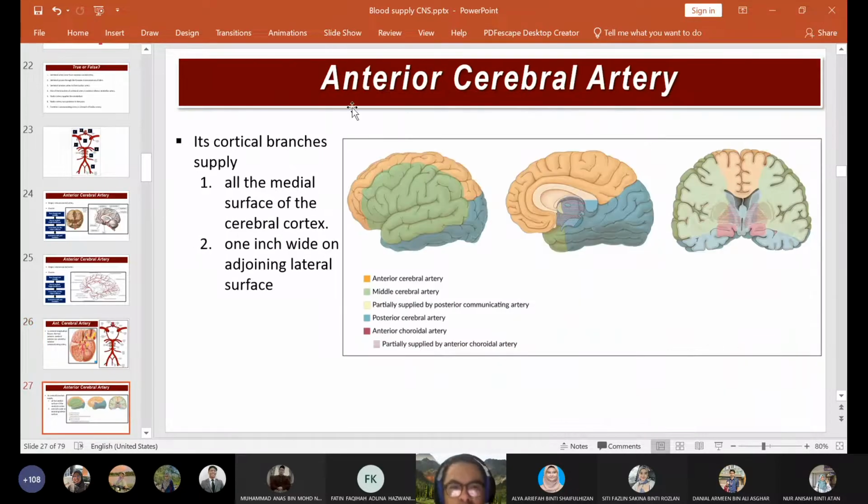So what does it supply? It supplies the medial surface of the brain. If you look at the orange one, this is your coronal section. Nampak tak dekat medial side, tengah-tengah. This is when you cut the brain into two. You can see it is in the middle. Okay. But the superior part laterally, dia akan juga supply sikit.